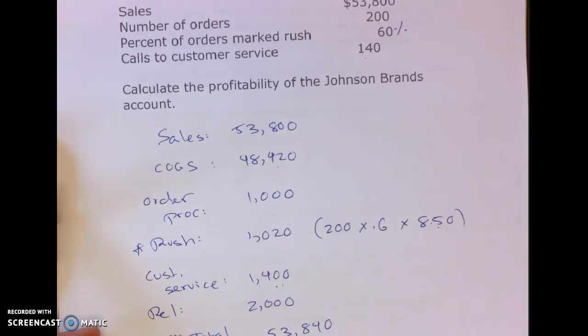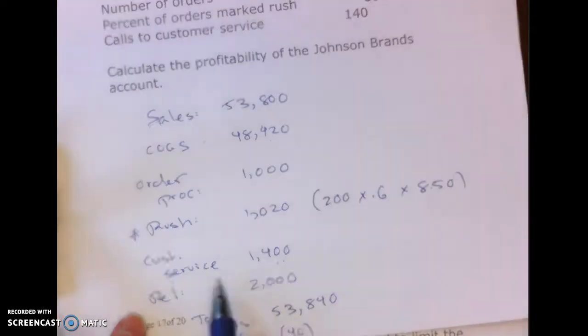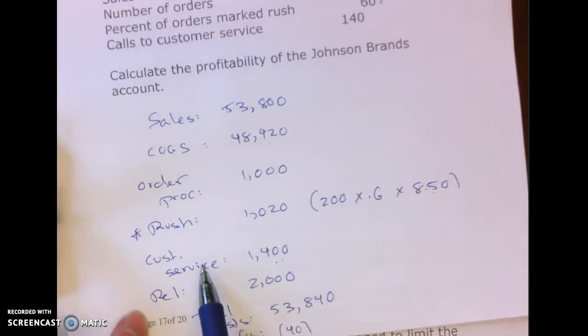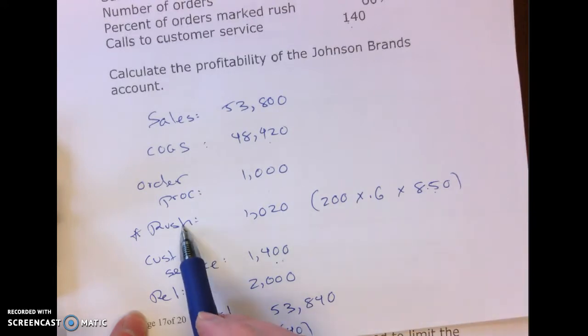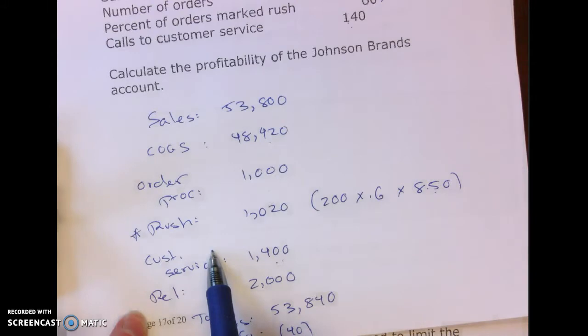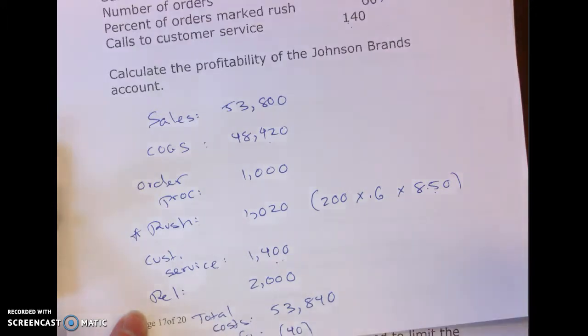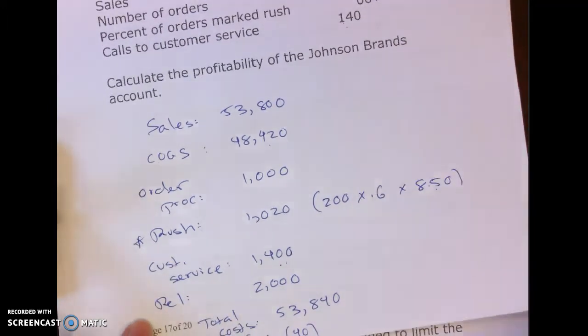Those are not passed on to the customer unless we adopt an activity-based pricing scheme. So what we could say is we're going to start charging you each time you make a call to customer service, or each time you place a rush order, or each time you place an order. And by doing that, we'll actually start to recover some of these indirect costs.